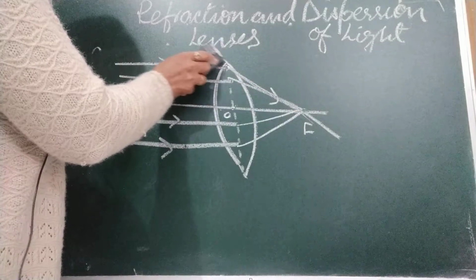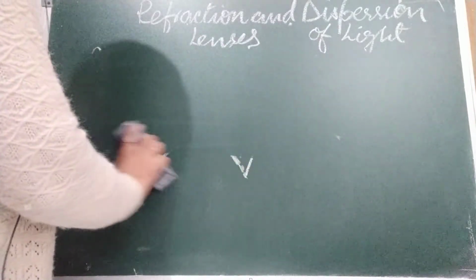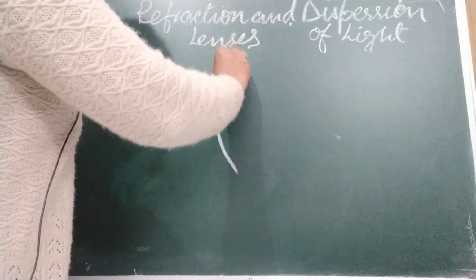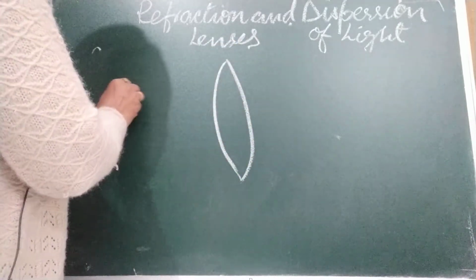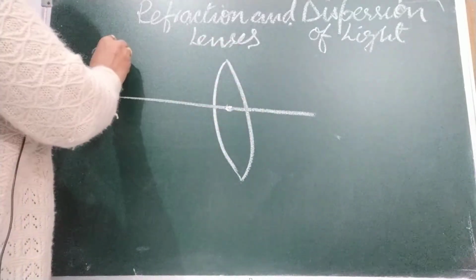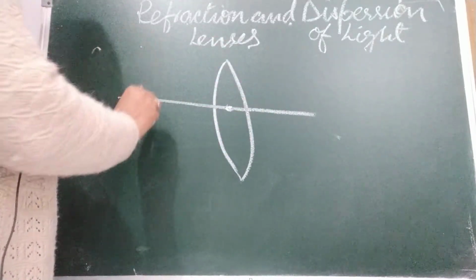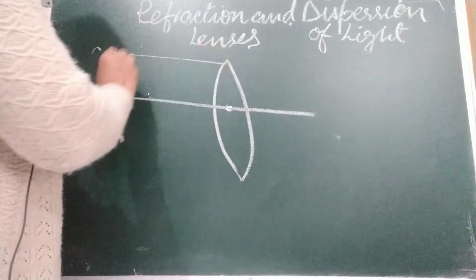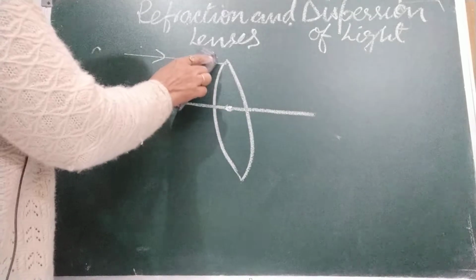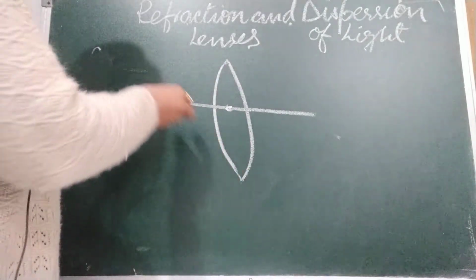Now, the second ray. As I told you, we take two rays. When we observe any object, one ray we take is running parallel to the principal axis. The other ray we take is passing through the optical center.